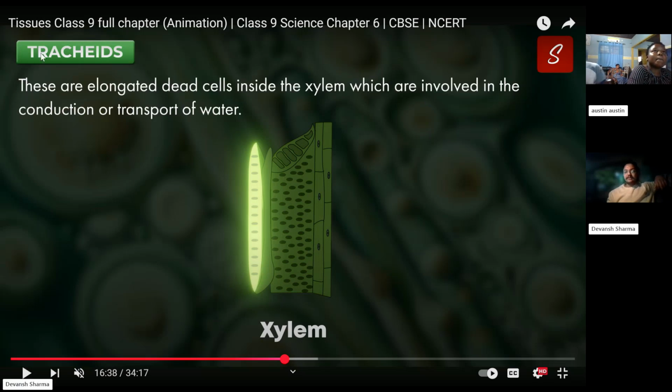So give the subheading tracheids. Tracheids are elongated dead cells; underline the dead cells, because tracheid cells are dead. Next point: these are involved in the conduction or transportation of water. And make this diagram.